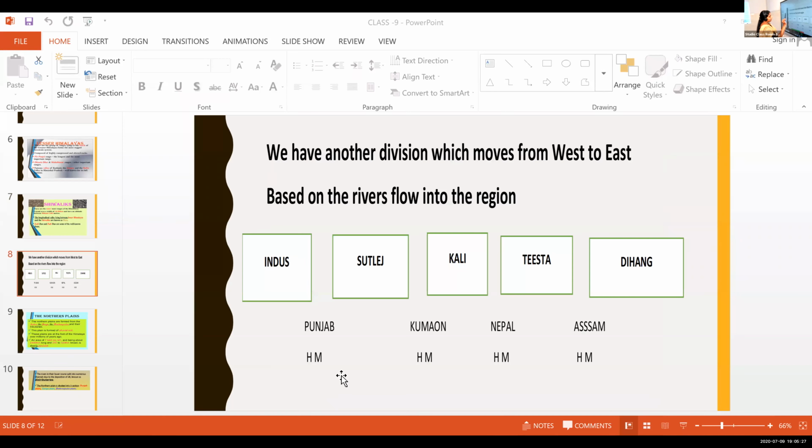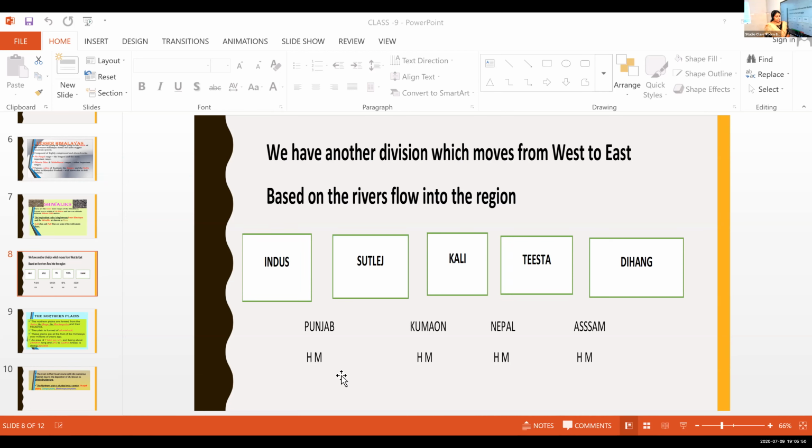We have learned three mountain ranges, the division from north to south. Here we have another division which moves from west to east. How does this classification come? Let us see.